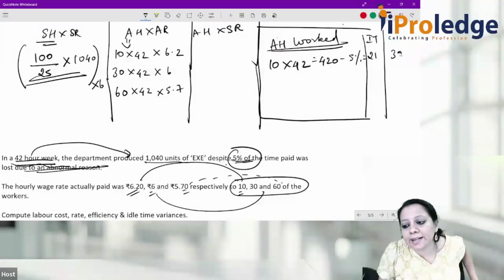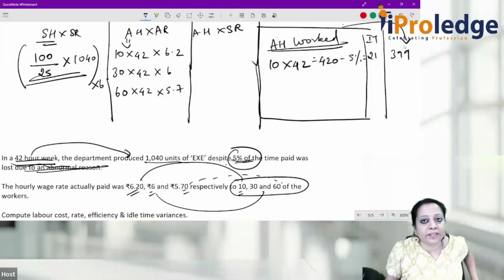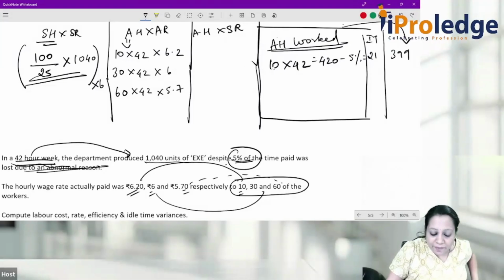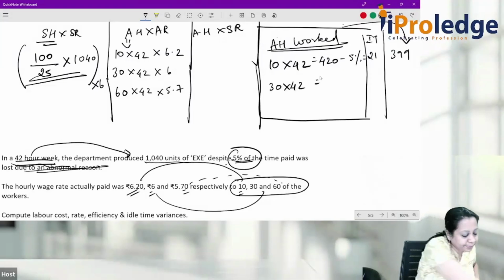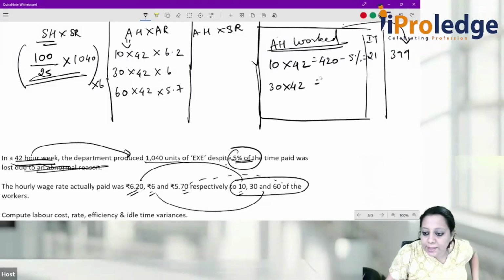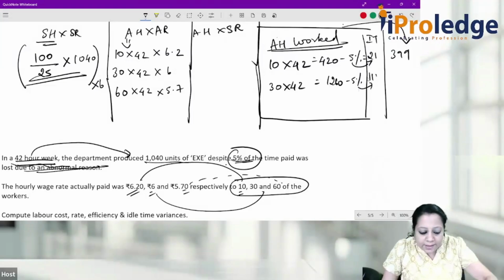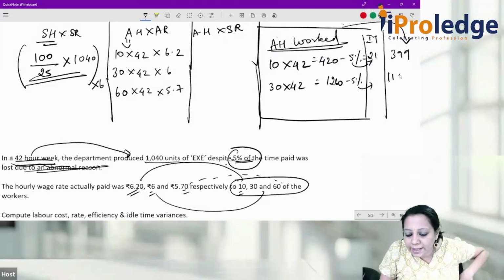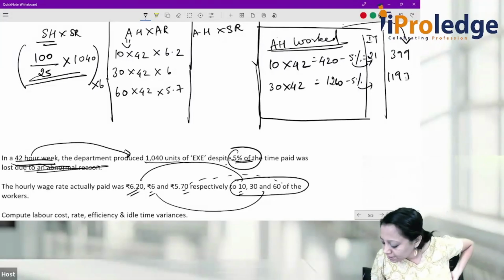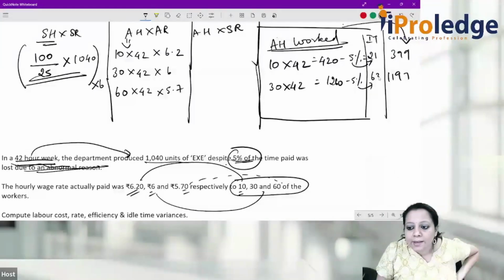So 399 is the actual hours worked for the first category. For the second category, can I say 30 into 42? How much is that? 1260. Out of that, 95% is 1197. 1260 minus 1197 is 63.